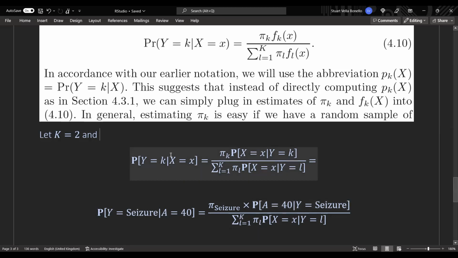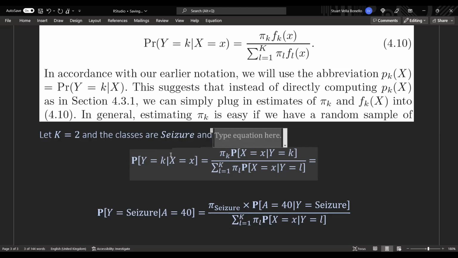Just very quickly, let's say that k equals 1 and the classes are seizure and whatever. What were they in the book?